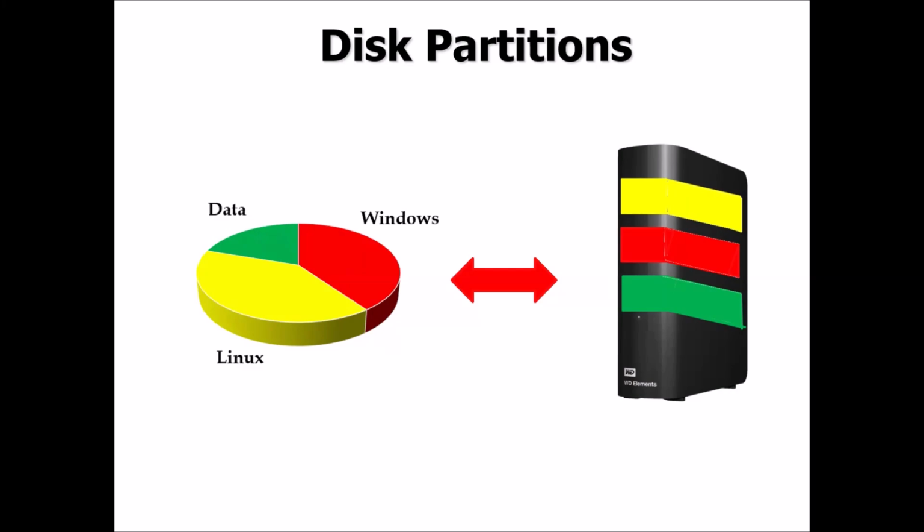But I also create a third partition. And my third partition is for all my data files. And the beauty of doing that, two things really. The exact same data files can be accessed by either applications on Windows or applications on Linux. Both of those operating systems are accessing the same data partition.